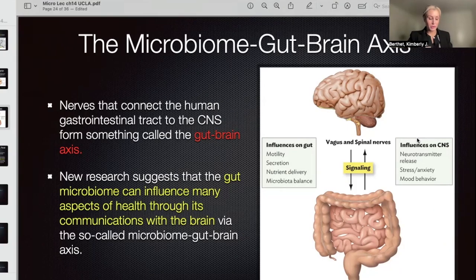Not only can our microbiome help with our immunity, not only can it change our weight gain or weight loss, it can also affect our mood, our behavior. So that's pretty interesting to know. The more we're learning about our microbiota and the microorganisms that we live with that outnumber us, we're learning that they shape a good part of our life, a good part of our health, whether it's mental health or physical health, as we see here.